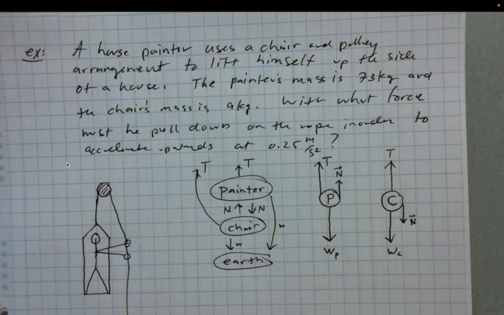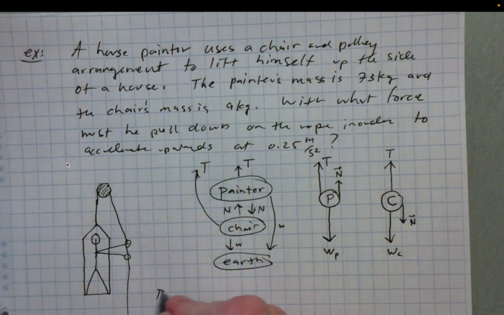So then let's set up a couple of equations using Newton's second law. Now all of this is in the y direction. There's no x component to worry about in this case. We'll start with the painter.